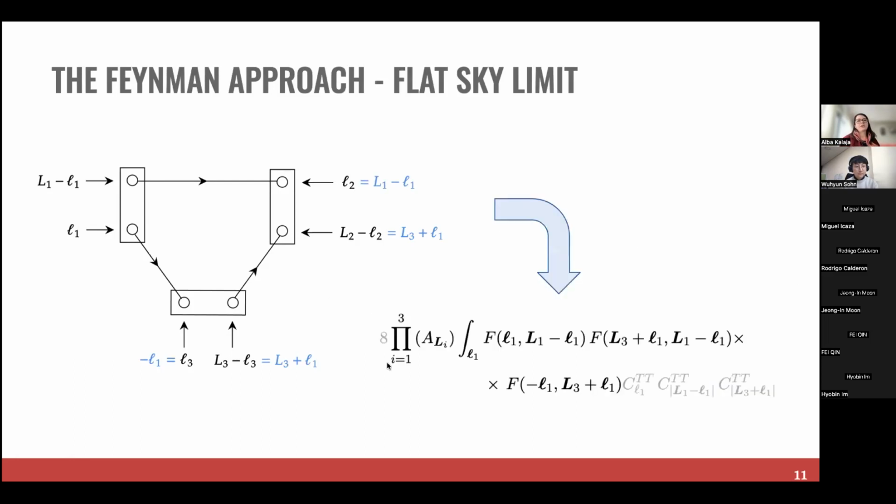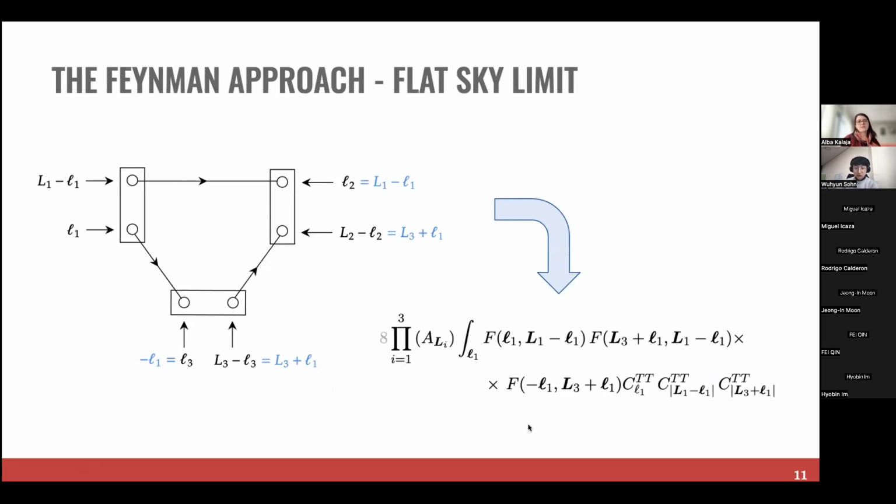And then from this diagram you can already write down your expression, which is an integral over this small l, as the other ones are integrated out by the delta functions at each vertex. So you have an integral over l1. Then you have your filter functions in terms of the multipoles.